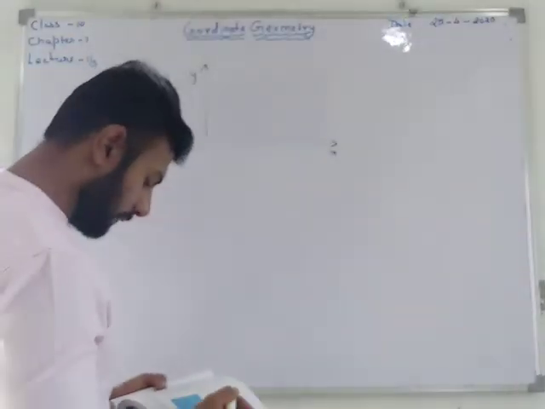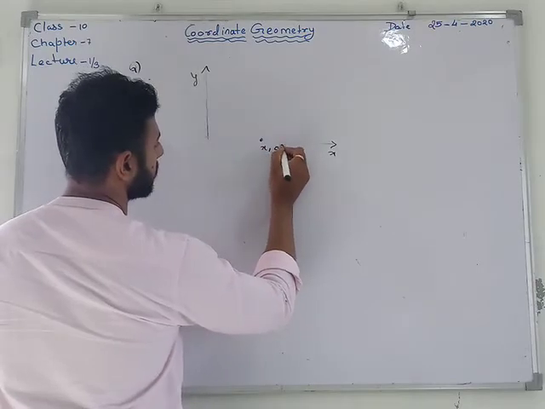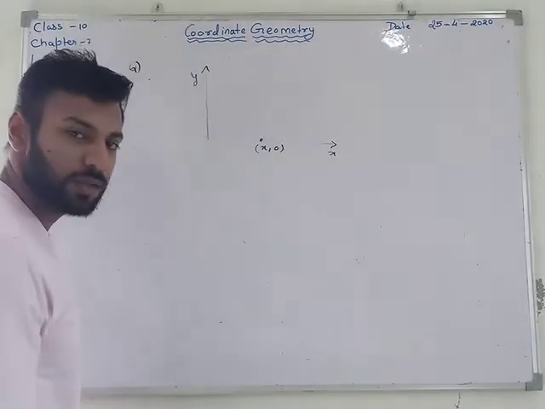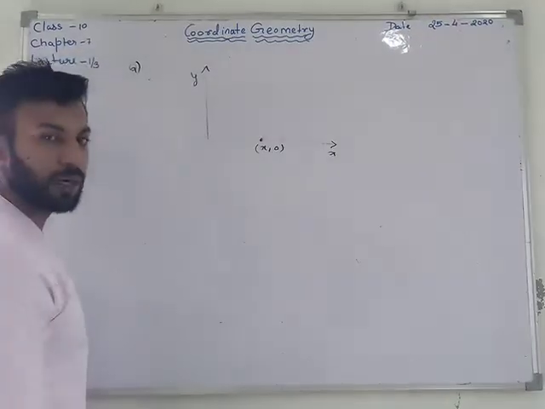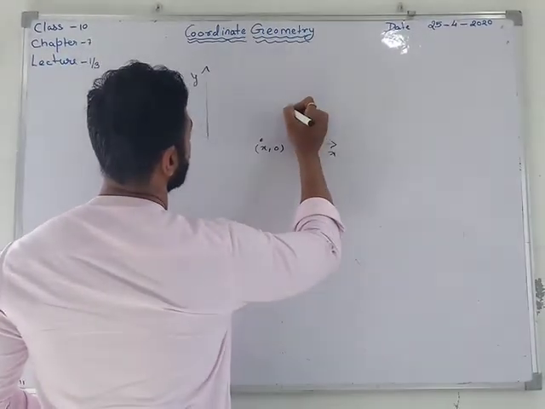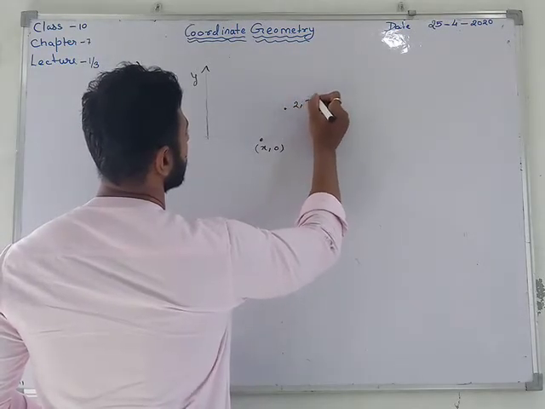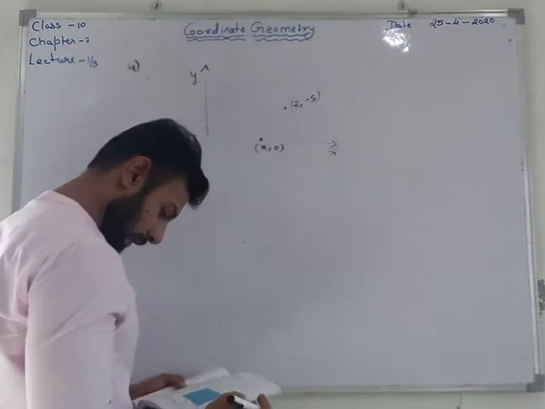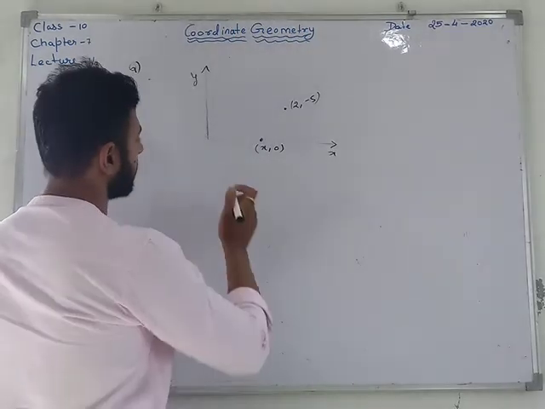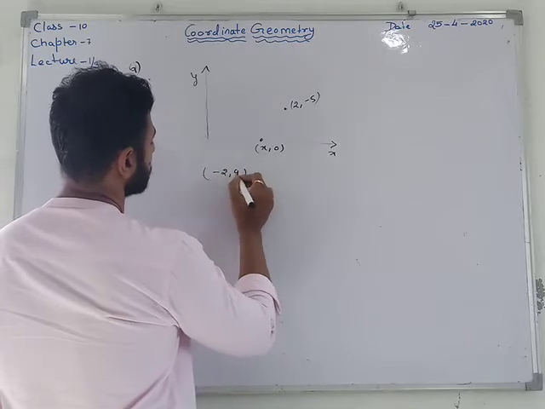We have to identify the point on the x-axis. Let the point be (x, 0). On the x-axis, y is 0. So this point will be (x, 0). Let the two points be (2, -5) and (-2, 9).